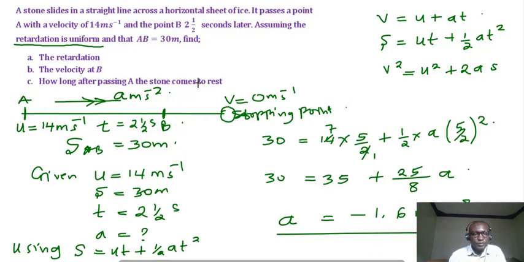So we are moving to part B, where we are required to find the velocity at B. So if you are looking at this line segment from A to B, it means that we are interested in finding the final velocity. Okay, so let us look at what we have, and then we make our judgment on which equation to be used.